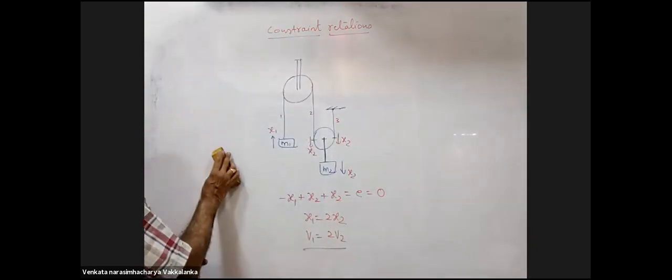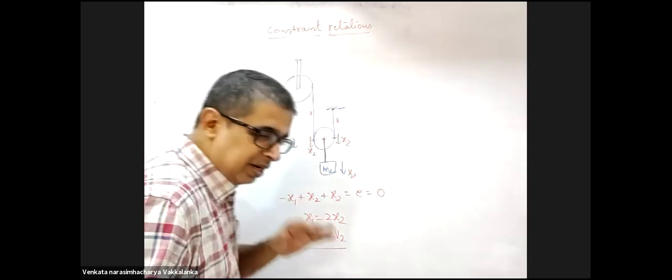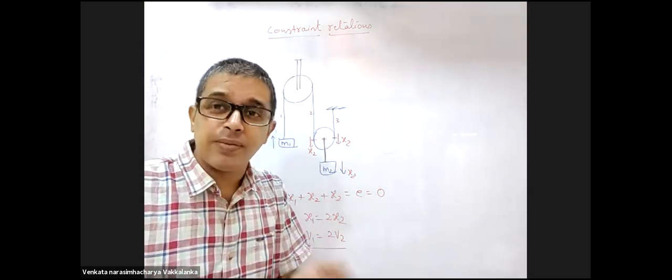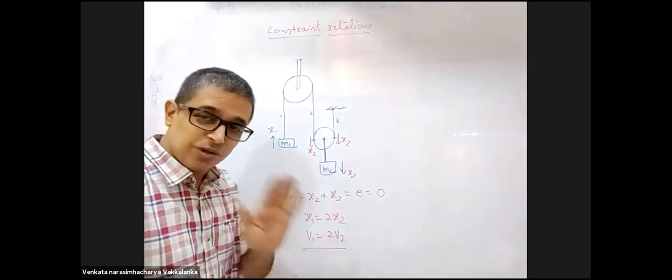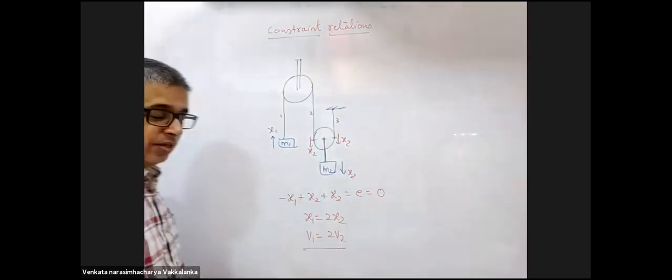Sir, V1 is equal to 2V2, so even A1 will be 2A2, right? Temporarily, yes. There will be an exception for it, I'll come to it later. That's why I'm stopping at V1.